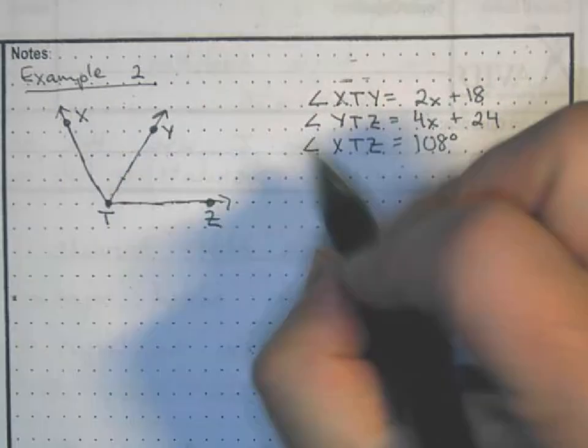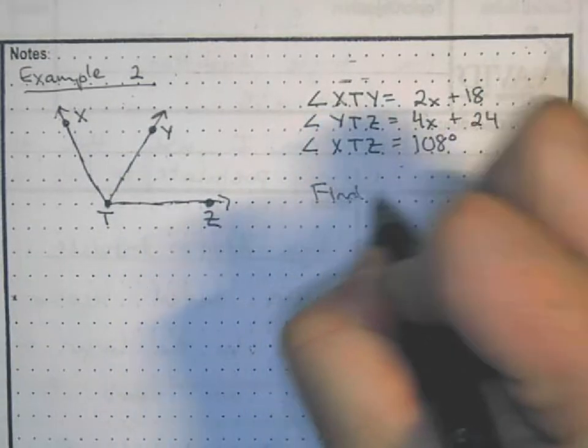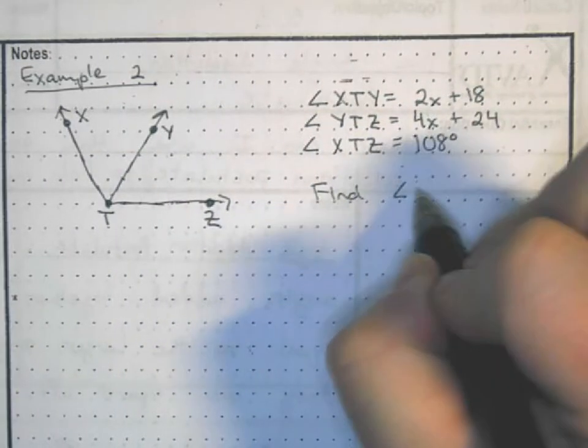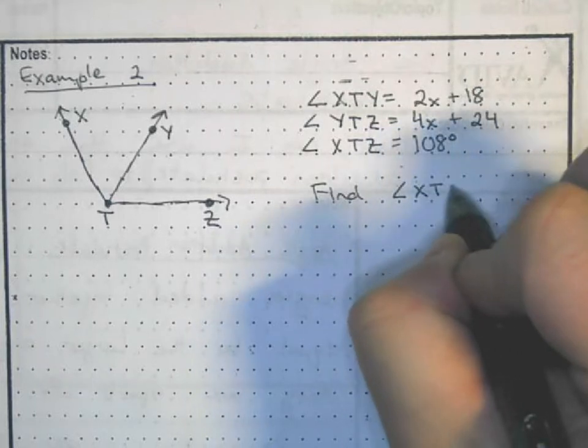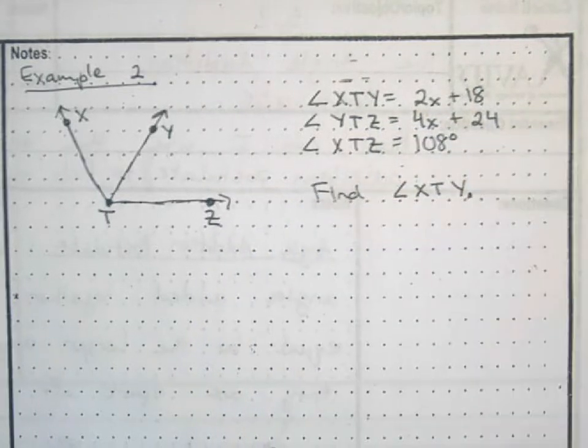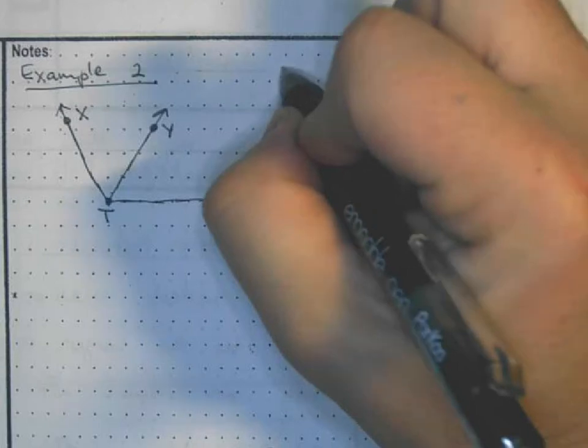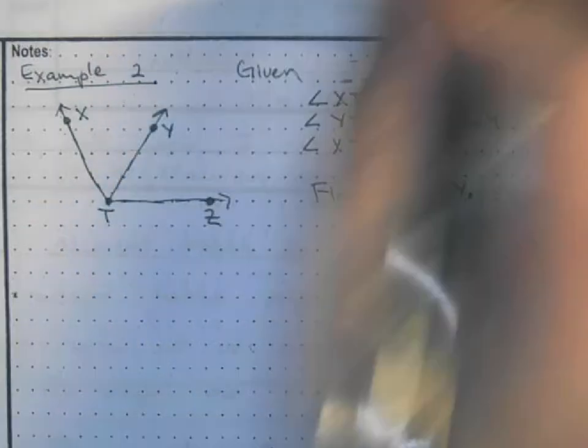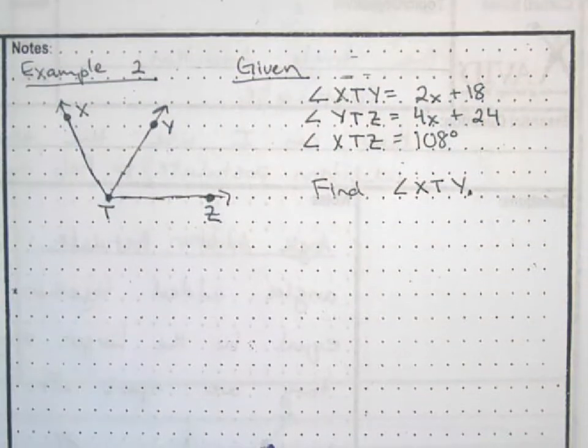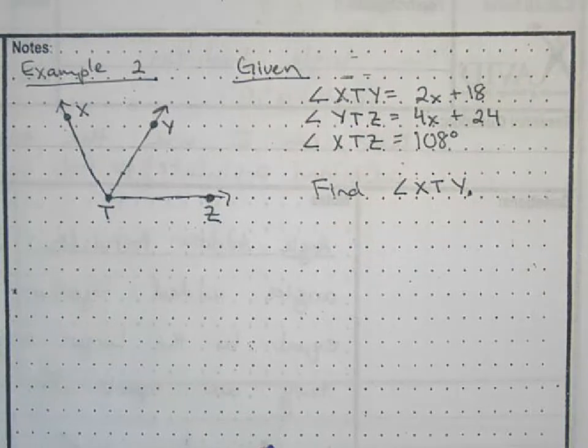And what we want to do is find angle XTY. Okay, so this is our given information, and then we'll do our work below that.